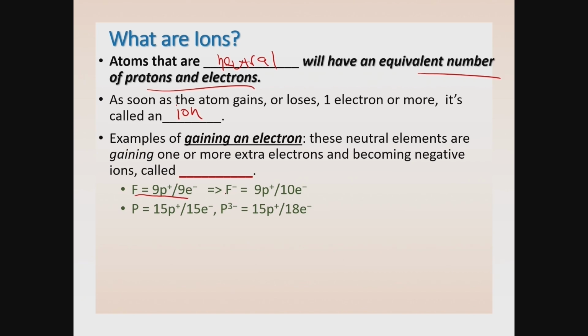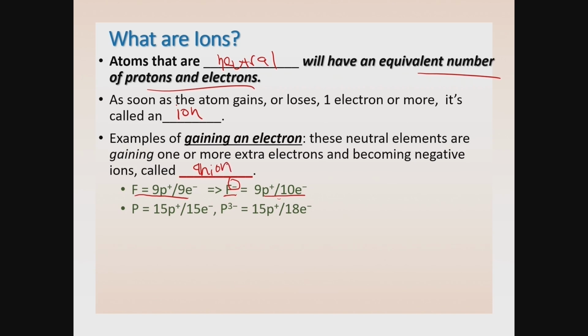What it can do is gain an electron. So now you're still with 9 protons, but you're now up to 10 electrons. We have an extra electron. That means fluorine now will have an extra negative charge, and we have to indicate that with a negative there. When you have an atom with an extra charge, that is an ion. And when you have an ion with 1 or more negative charges, this is called an anion.